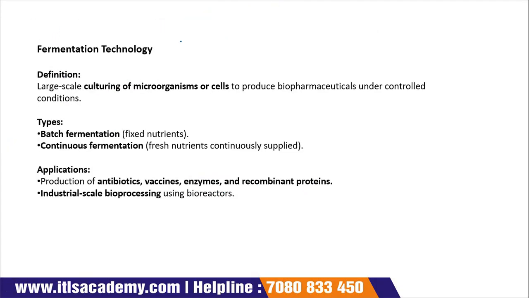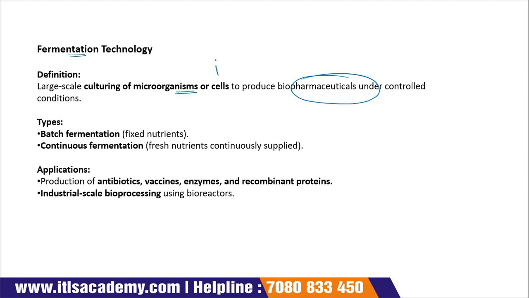Now fermentation. In fermentation, we perform the culturing process, meaning we culture microorganisms to produce your biopharmaceutical. Okay. Next is fermentation technology. Fermentation technology means large-scale culturing of microorganisms or cells to produce biopharmaceuticals under controlled conditions.